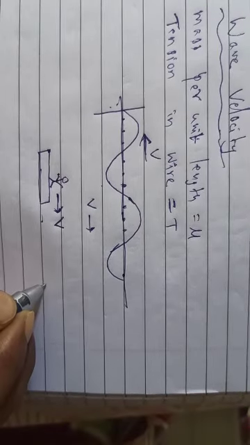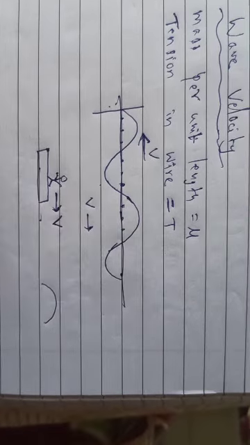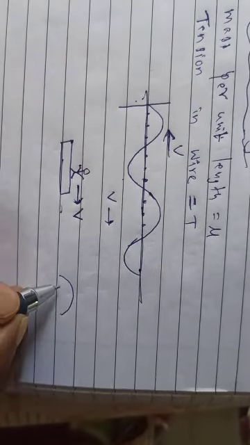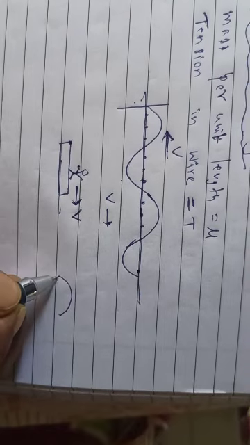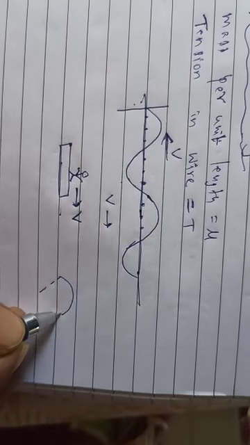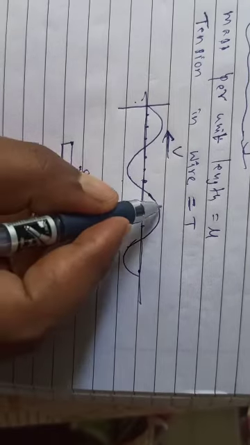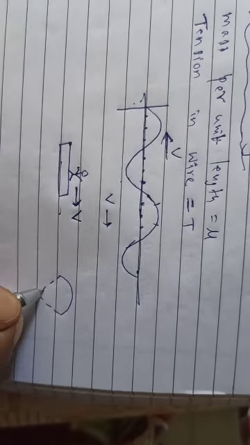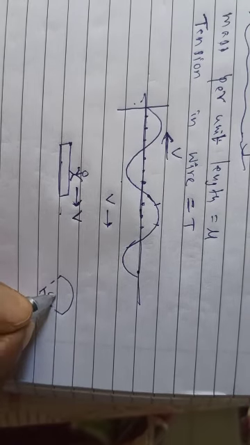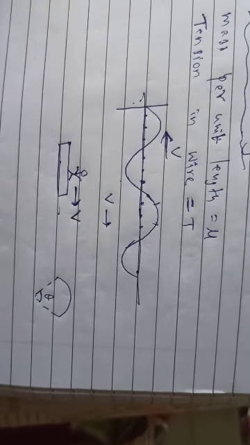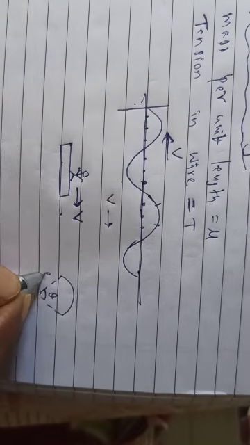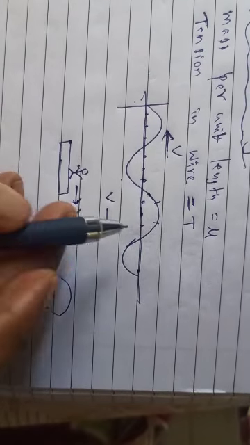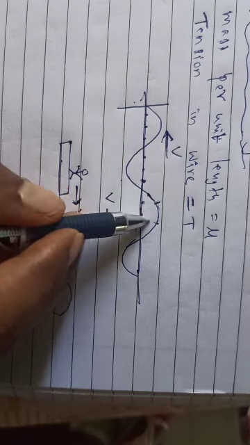So if we take a small portion of the string, and if that portion makes angle theta at the center, and this is the radius r, this is approximately a part of a circle.